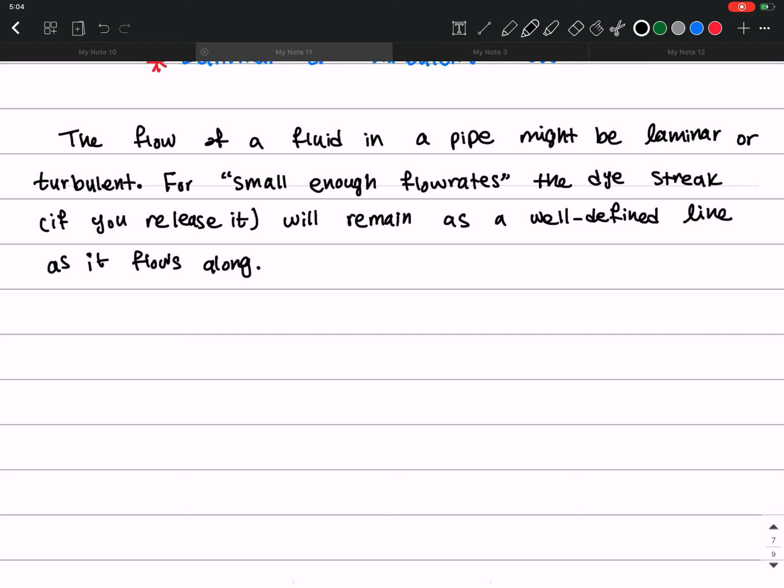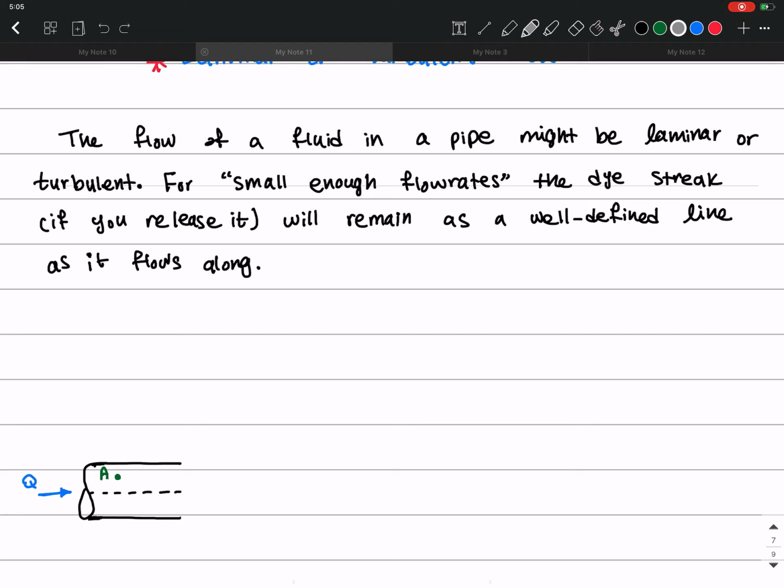So imagine we have a pipe here, okay, and then we release say a dye here, at this point A. So if your flow rate is small enough, what happens is that you see that this streak looks like a well-defined line, like something like this.